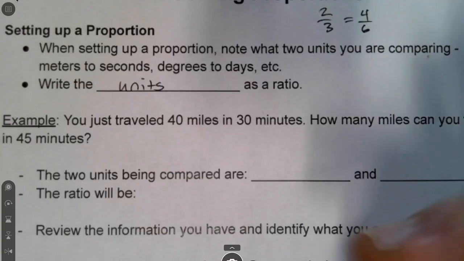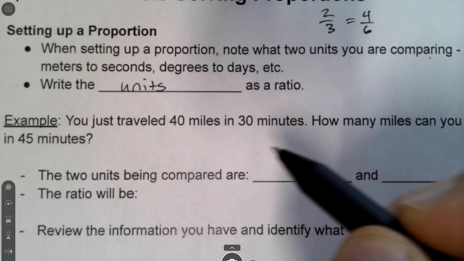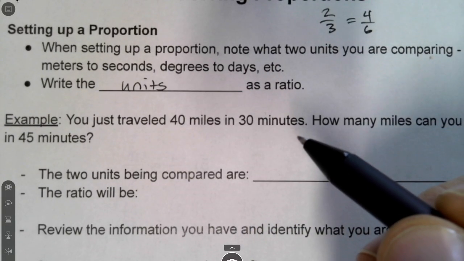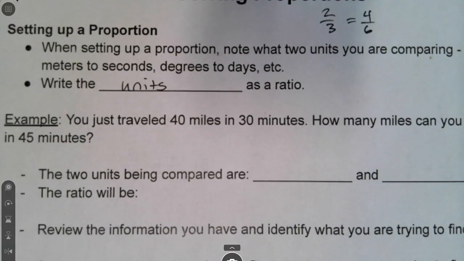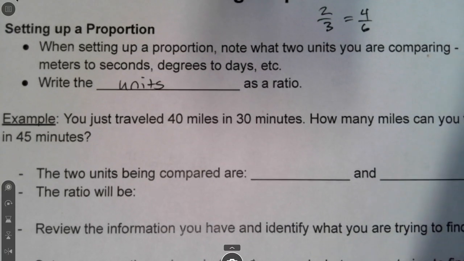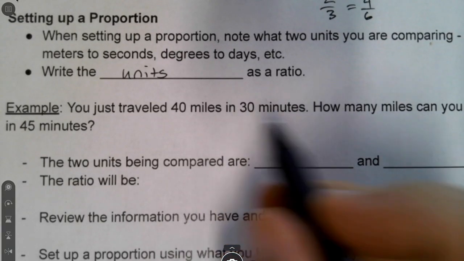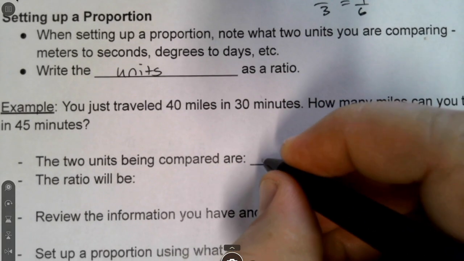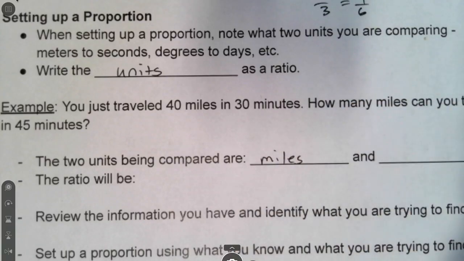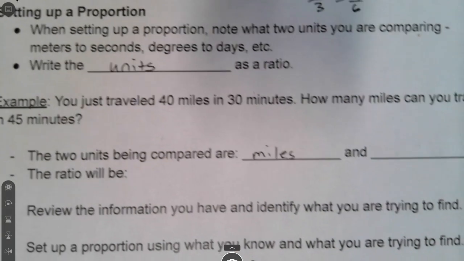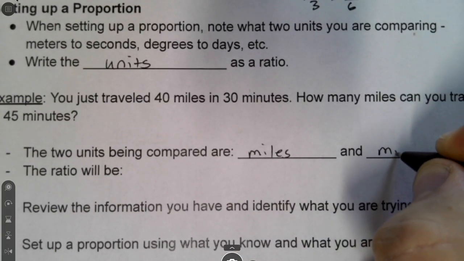So let's say we just traveled 40 miles in 30 minutes. This is likely by car. At that rate, or at that speed, how many miles can you travel in 45 minutes? So right now we're looking at a rate that's comparing miles and minutes.